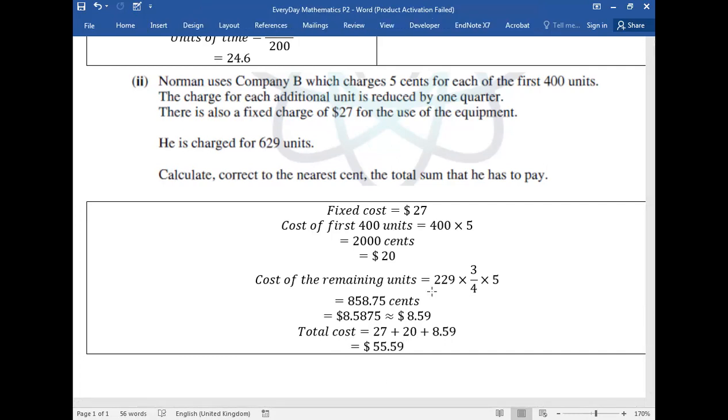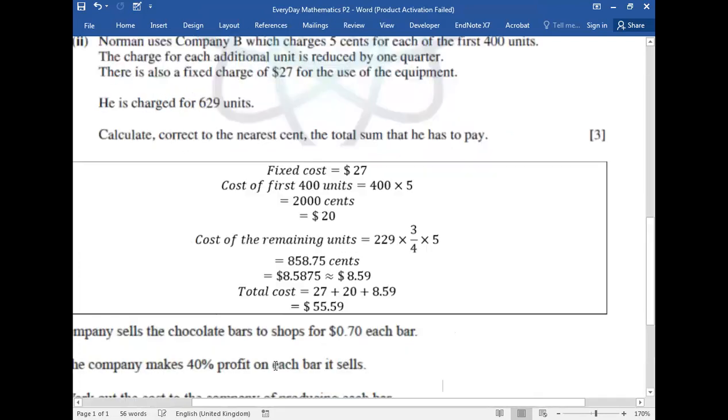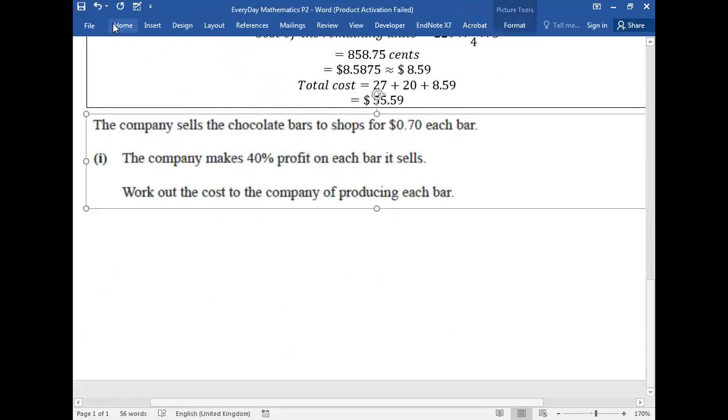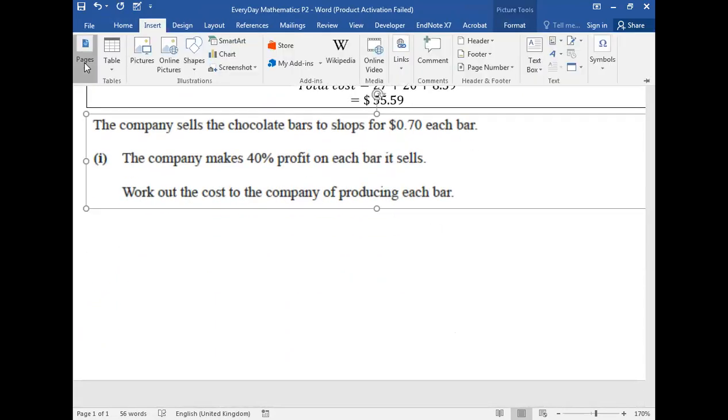Let's do another question. Okay, this is the high weightage question. This is the second part. So please understand the first part.